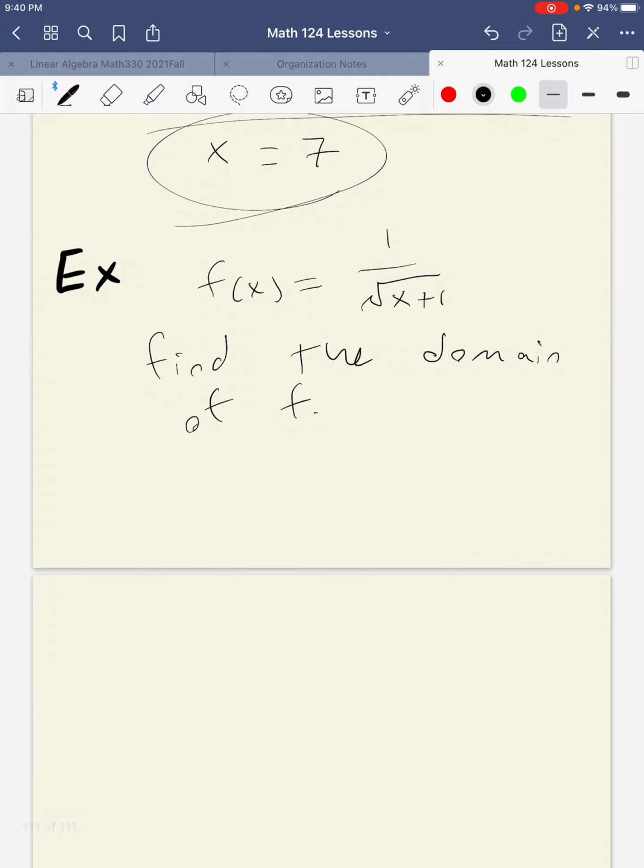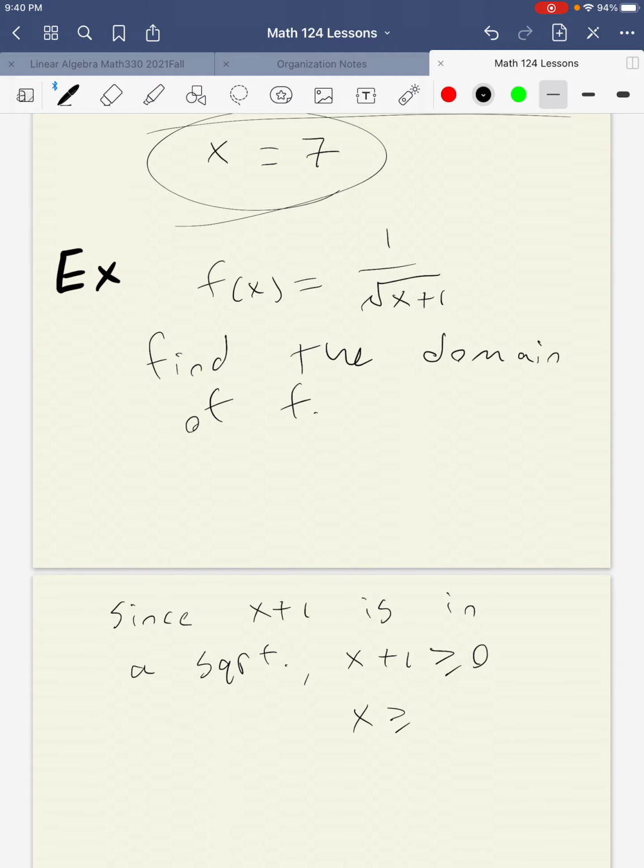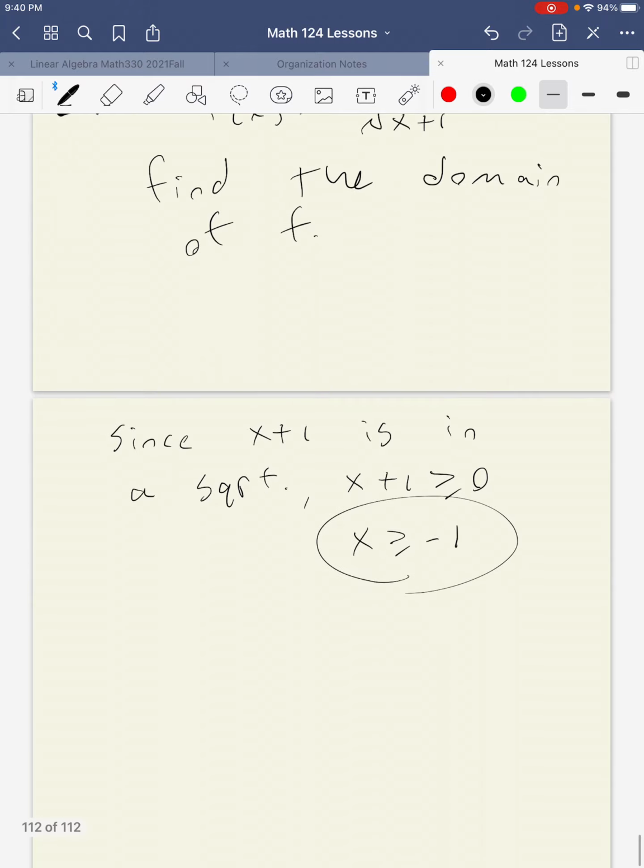So I'll say since x plus 1 is in a square root, we request that x plus 1 be greater than or equal to 0, or more simply, x greater than or equal to -1. That's one of the conditions. But we also have another condition.